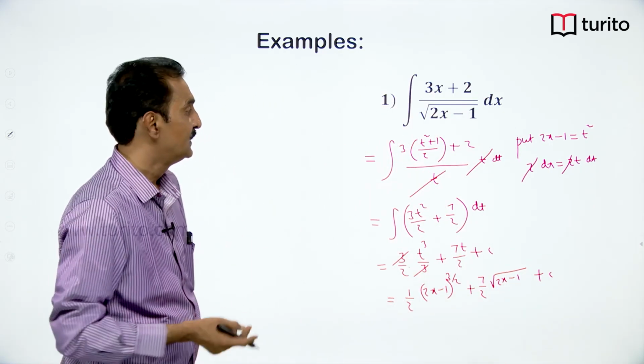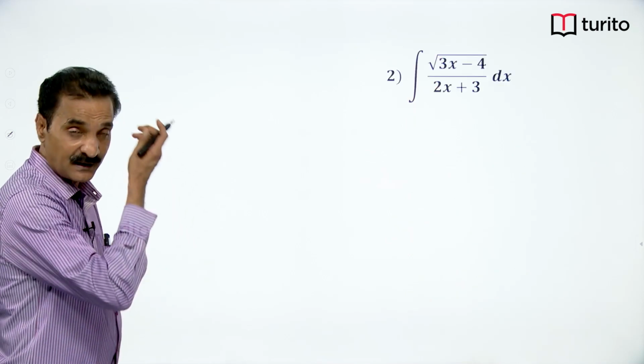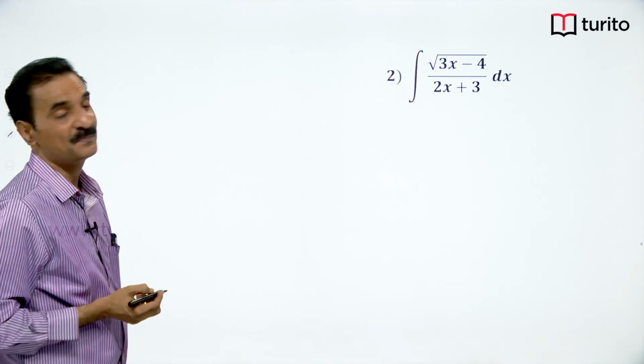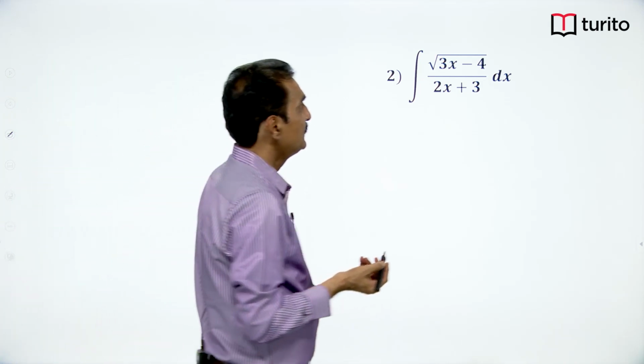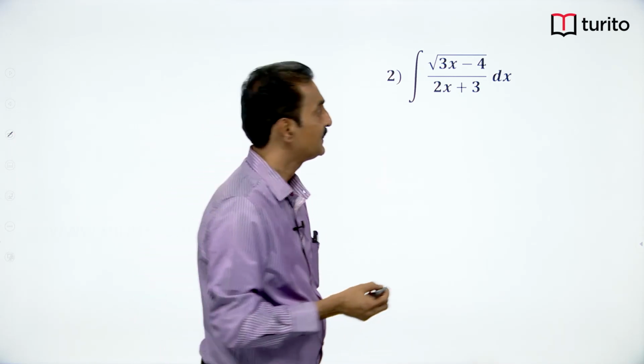Okay. Next example, integral (3x−4)/(2x+3). What will you substitute? The term under the root as t square.